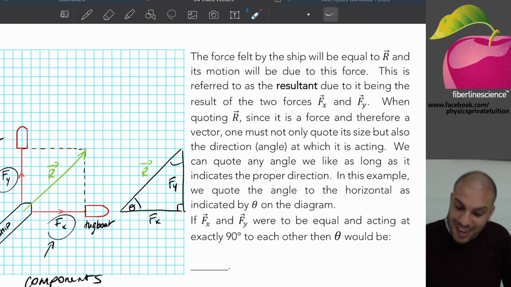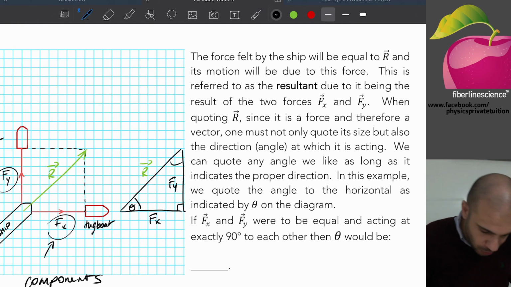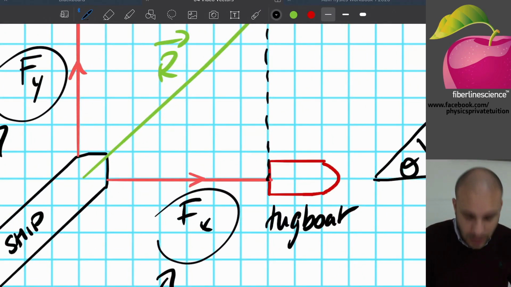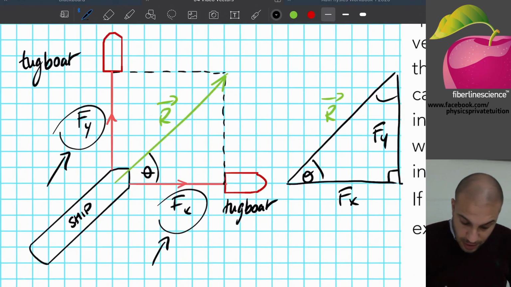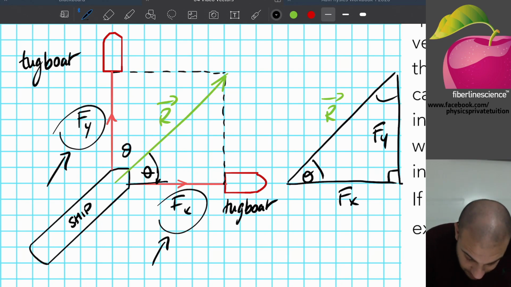We can quote any angle we like as long as it indicates the proper direction. In this example, we quote the angle to the horizontal, as is indicated by theta on the diagram. So to add to the notes, we actually do need to label this as being theta. Okay? That is the angle which is said to be to the horizontal. Had I put this angle touching the vertical, I would have said it is the angle to the vertical.